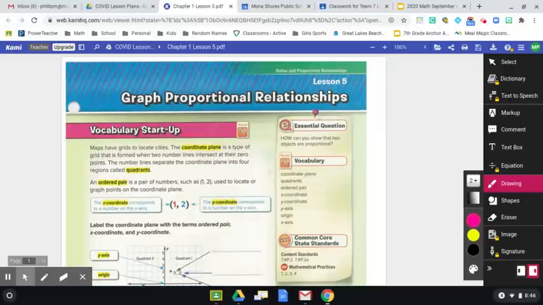We started lesson 5, graphing proportional relationships, yesterday. And when we started it yesterday, we looked at understanding what a proportional relationship looks like on a graph.